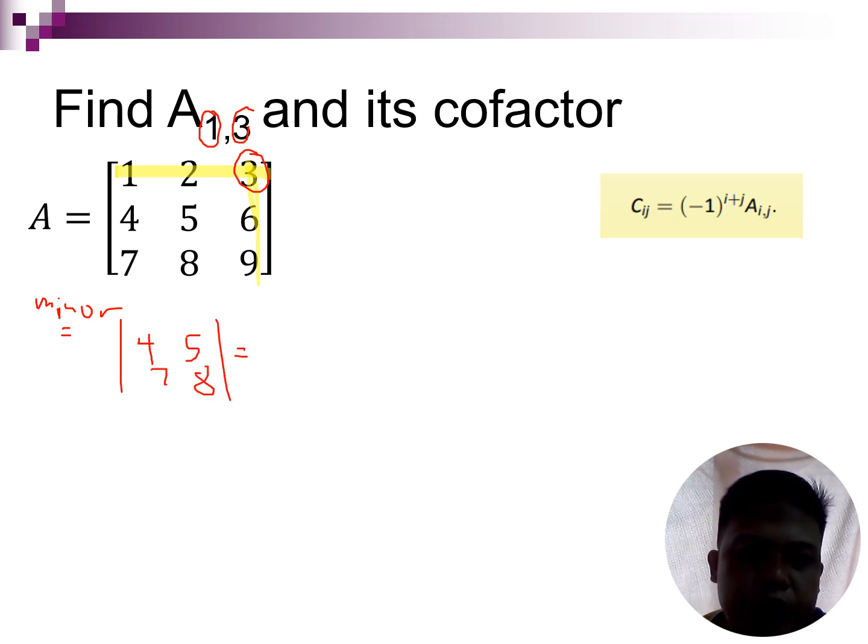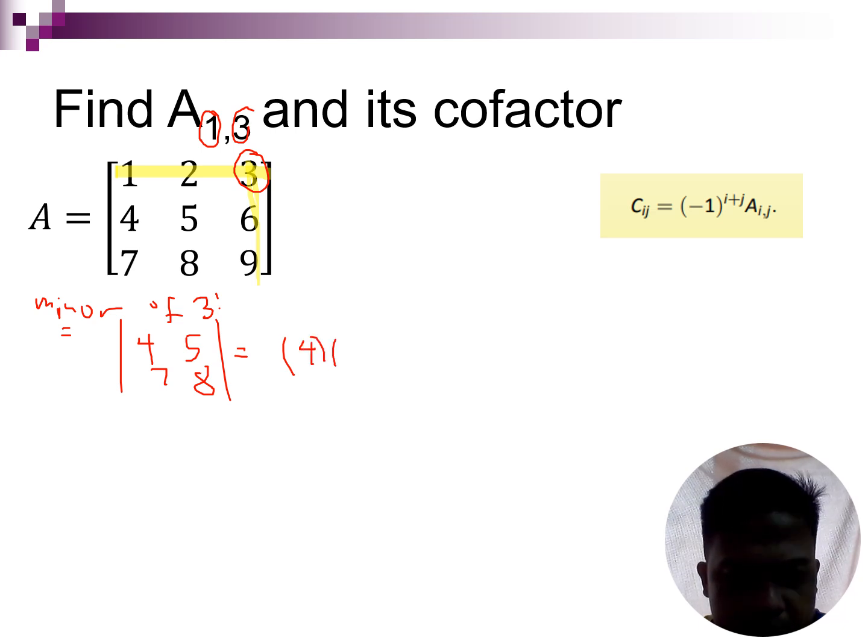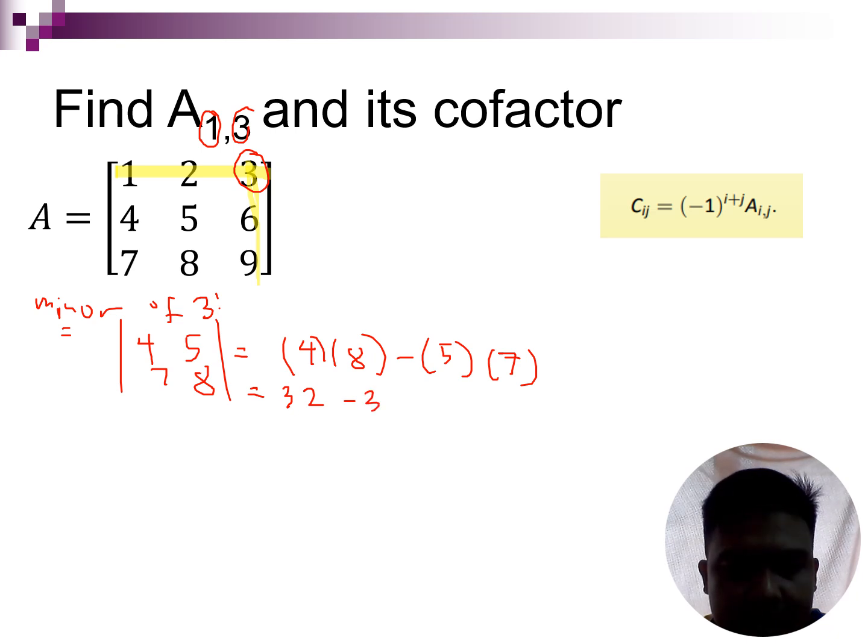Okay, so that would give us 4 times 8 minus 5 times 7, which is 32 minus 35, which is -3. So that is the minor of A13.